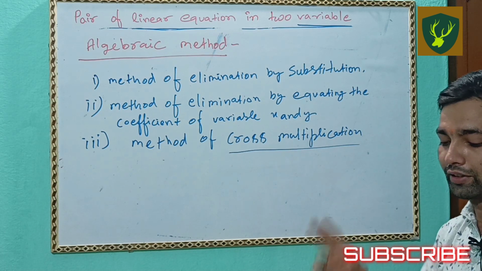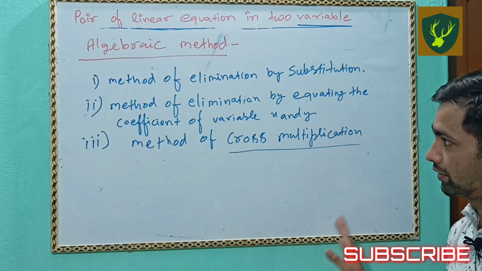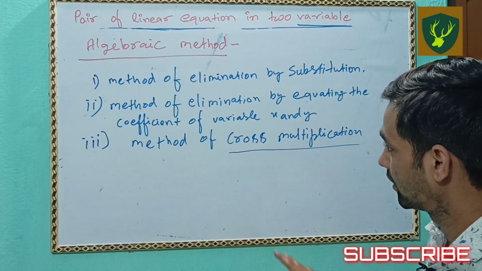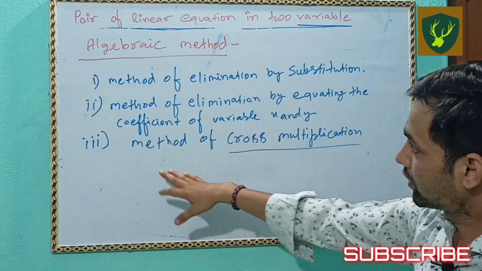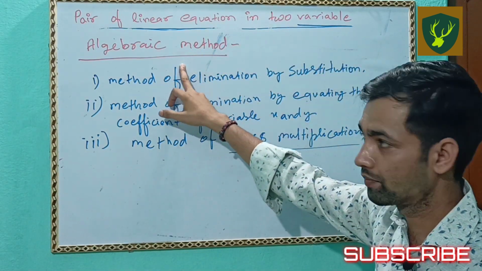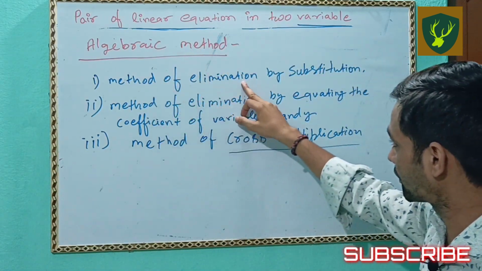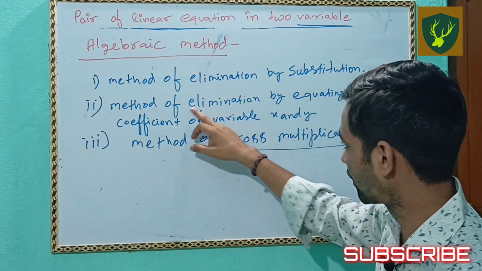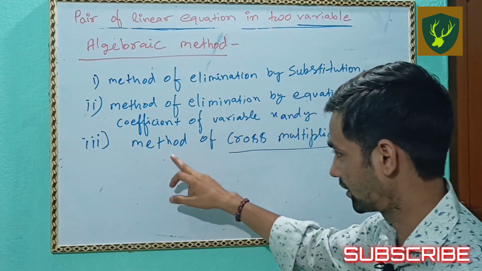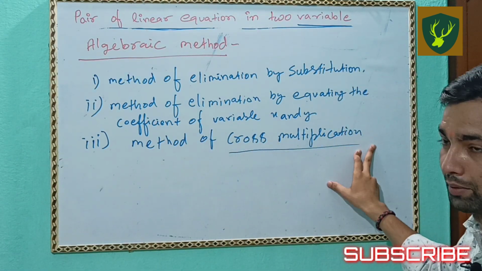There is a difference between there and here, but still both have some similarity. We will solve a pair of linear equations in two variables by the algebraic method. First, method of elimination by substitution; second, method of elimination by equating the coefficient of variable x and y; and third, method of cross multiplication.